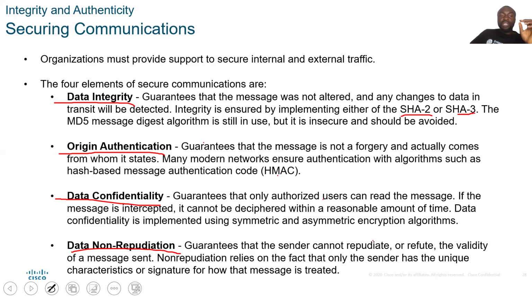So it's like I send you 5,000 naira, and you need to confirm you received 5,000 naira. If I send 5,000 and you receive 4,005, then you know that there is a problem. There's no integrity in the message.